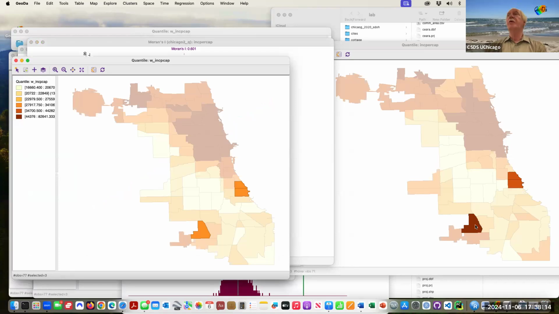So this is the top category out of 6, and this is the 4th category out of 6. So this is a high-low spatial outlier. Relatively high income per capita, surrounded by neighbors. So this is an interesting case because the neighbors to the south and the west are higher, but the neighbors up here are much lower, right?